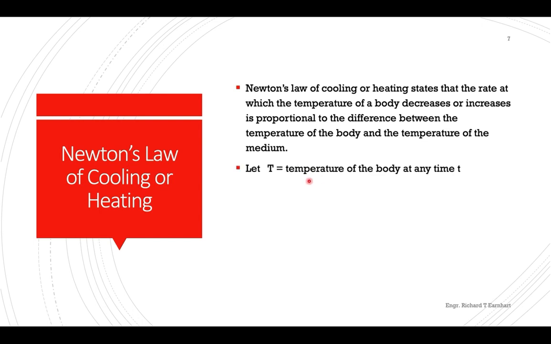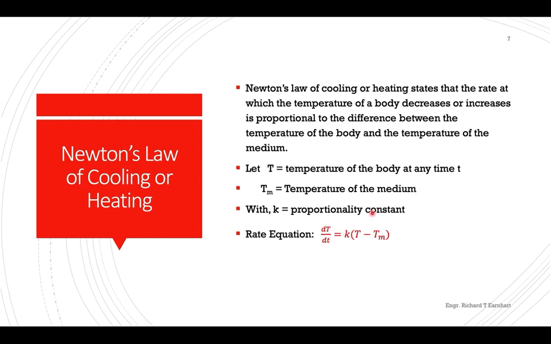So if T denotes the temperature of the body at any time t, Tm is the temperature of the medium, k is the proportionality constant, then your rate equation will be dT over dt equals k times (T minus Tm). So if k is positive, your proportionality constant is positive, it denotes heating, and then you will get a negative value of k if the problem is cooling.